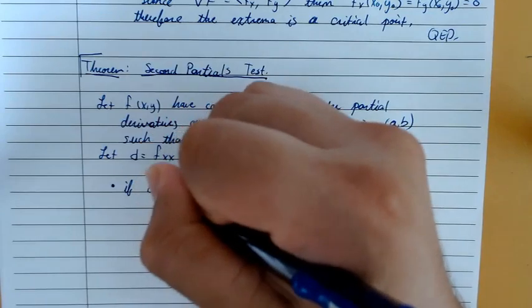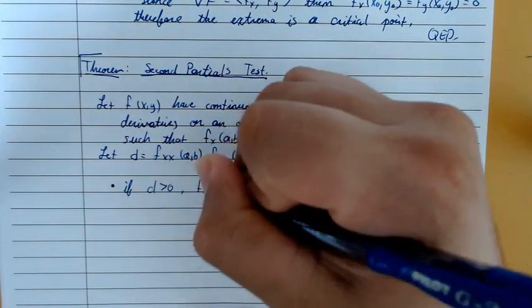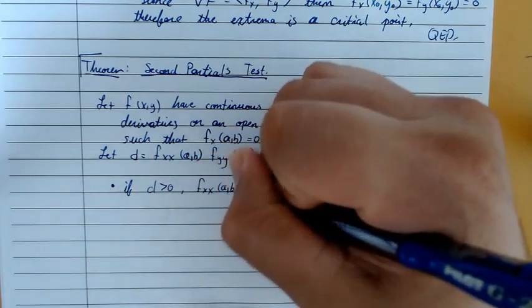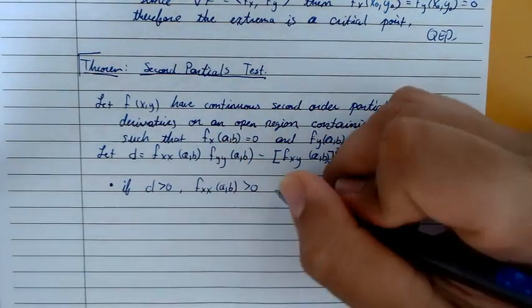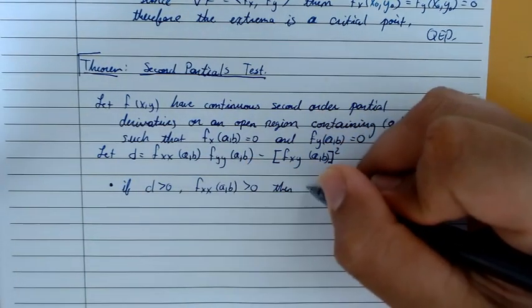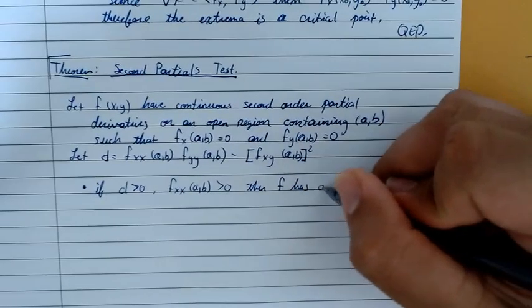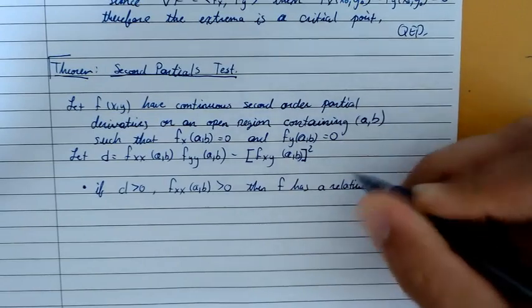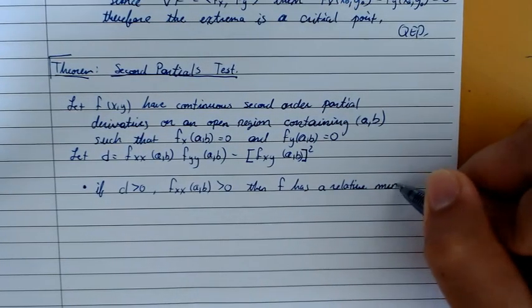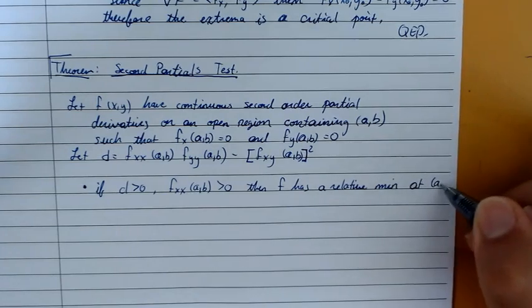If D is greater than 0 and f sub xx at AB is also greater than 0, then f has a relative minimum at AB.